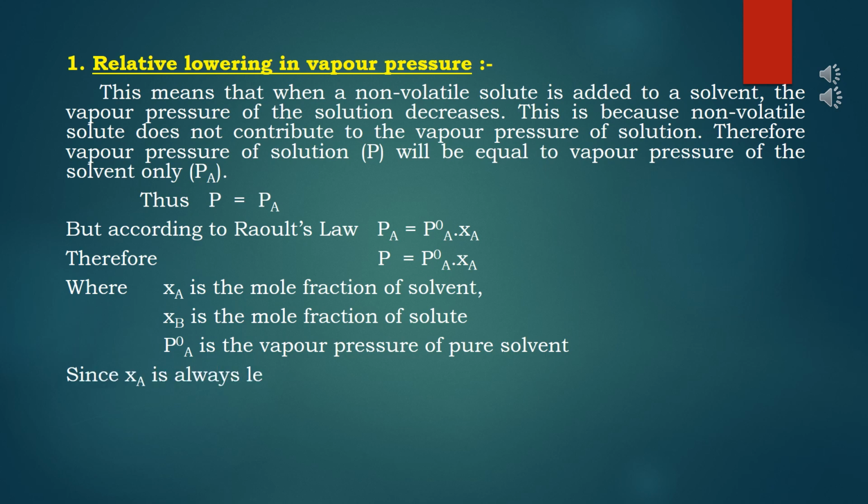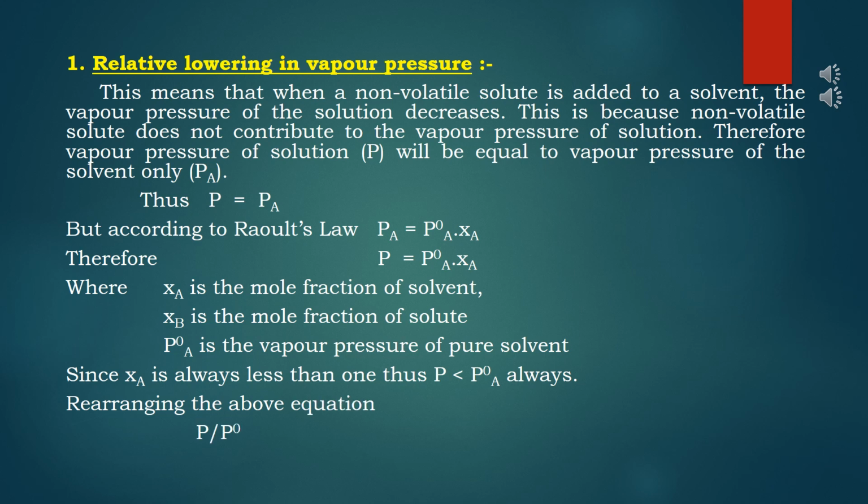Since XA is always less than 1, the total vapor pressure of the solution is always less than that of the pure solvent, that is PA naught. Rearranging the above equation, P upon PA naught is equal to XA.